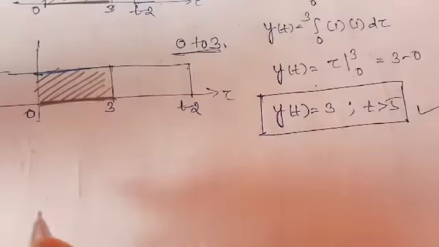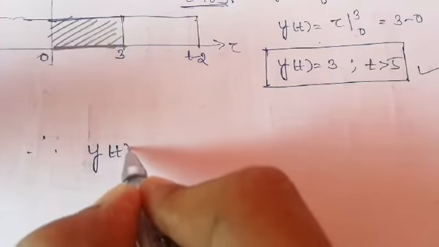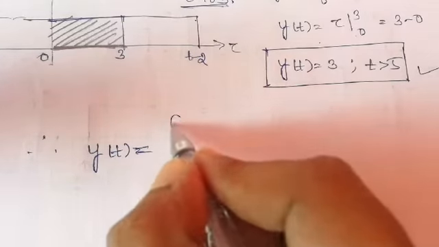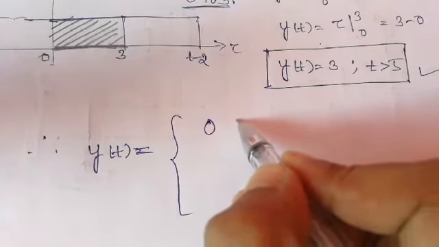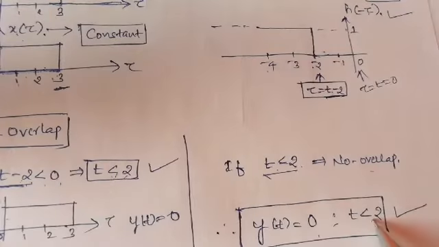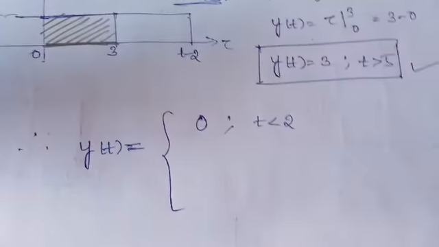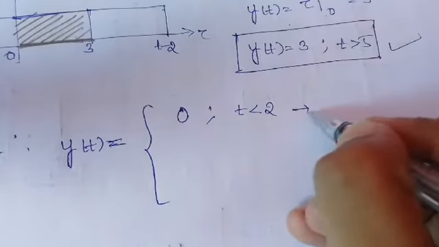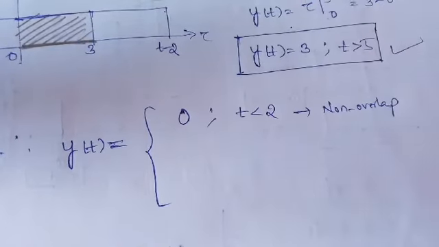Hence in concise we can write y of t is equal to, first, y of t equal to 0 if t is less than 2. Next, it is non-overlap. We got two overlap cases.